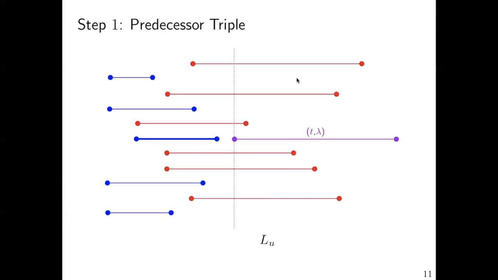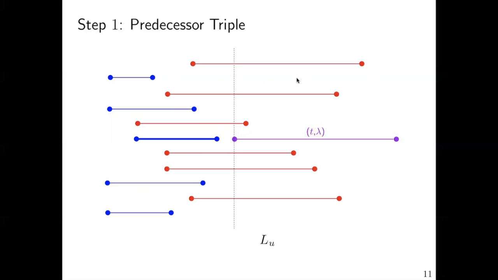This is one of the most important slides in our whole presentation. This is the concept of choosing a predecessor triple. Consider that we are processing this edge from u to v whose travel time is lambda and whose departure time is t.